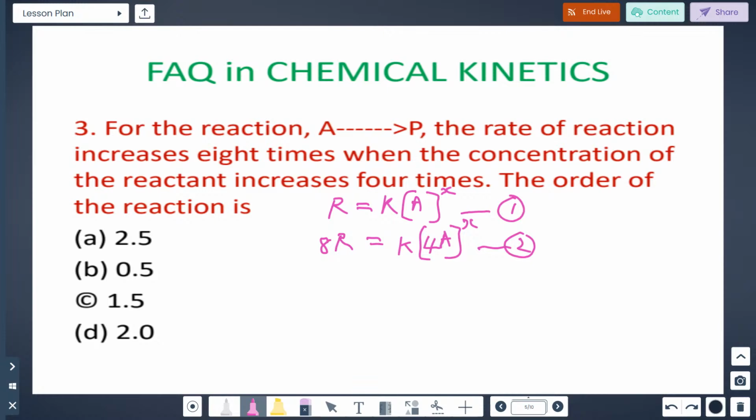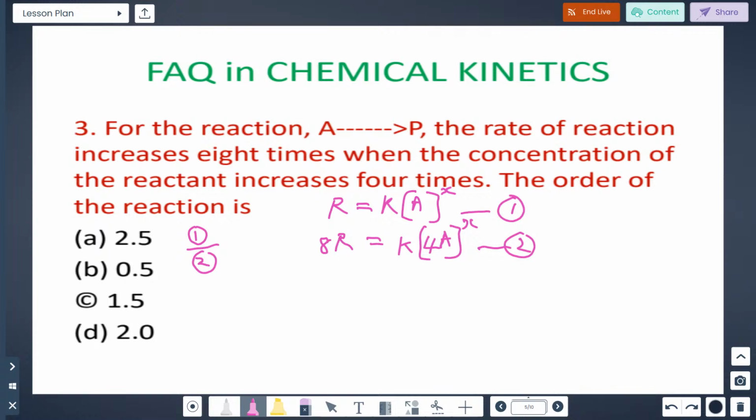Understood? Now we have to simplify. How to simplify? You divide the equations as they are: divide equation 1 by equation 2. This is equation number 1, this is equation number 2. What happened when you divide? R will cancel.